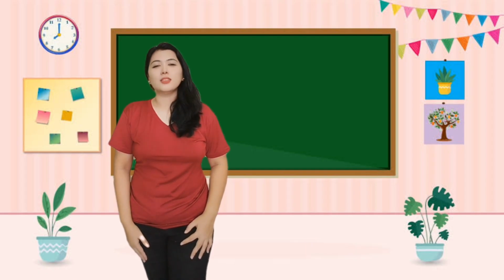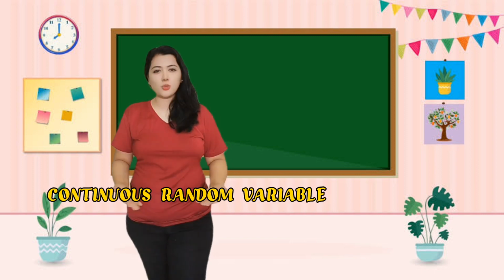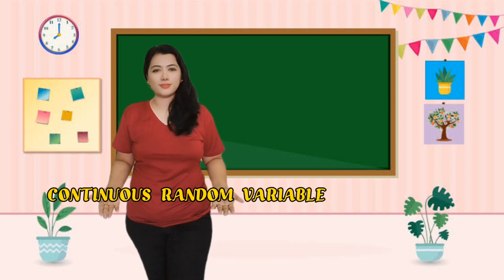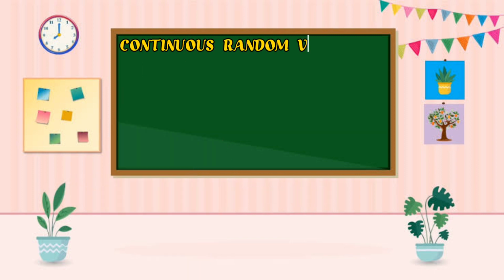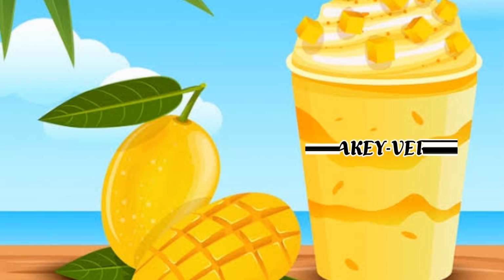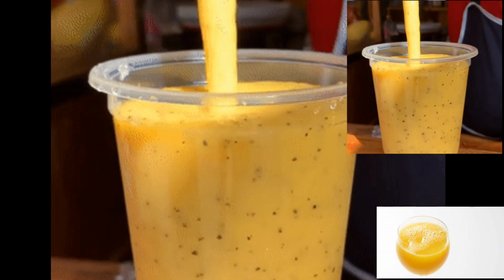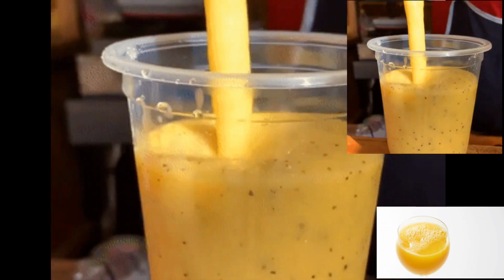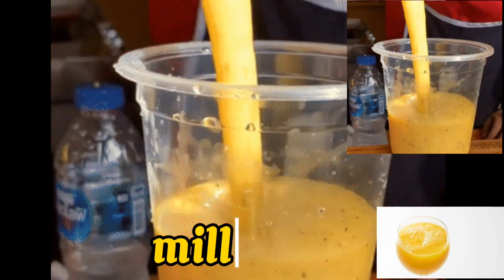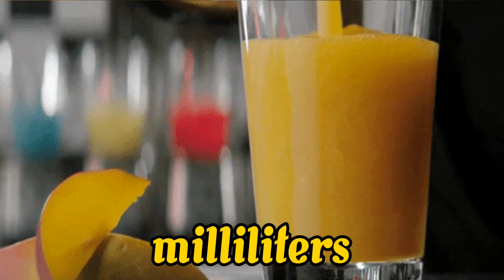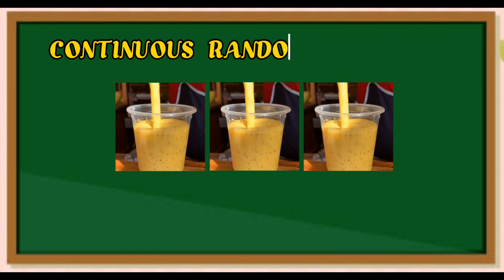This time, let's talk about continuous random variable. Let's go back to the Shakeverse Mango Shake store situation. If we want to get the amount of liquid in an order of mango shake, it will take a range of values in milliliters. This is an example of continuous random variable.